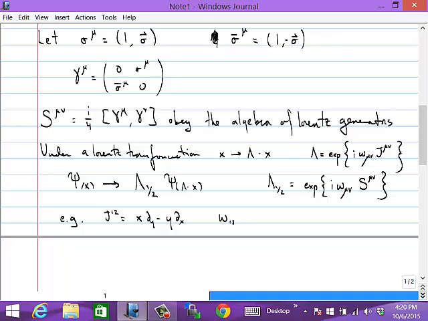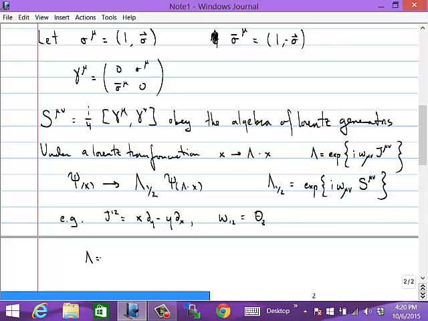And omega 12 would be, you could call that some angle, say theta sub z. Then if you wrote down lambda, which is e to the i omega 12 J12, what is that? That generates a rotation by an angle theta about the z-axis.